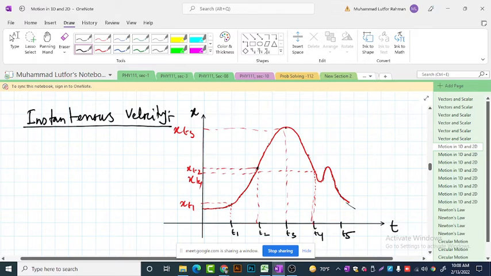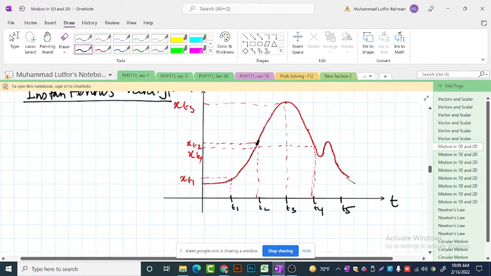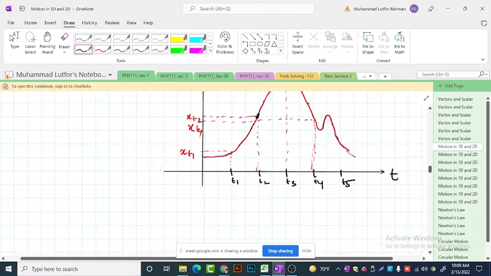Think about if I want to know the velocity of the car just right after that point, just the next second, then what I'm going to do in that case is look at the displacement.